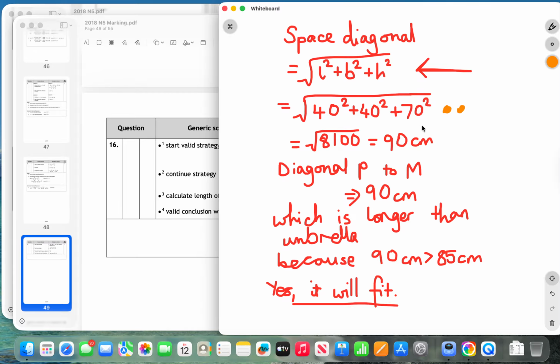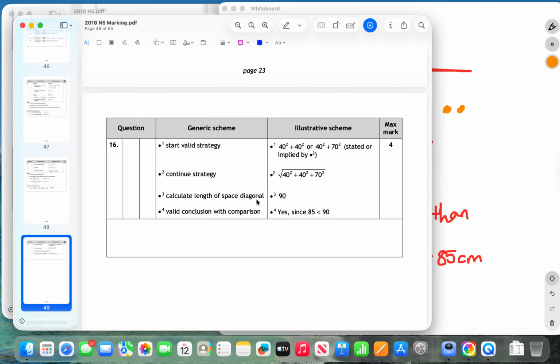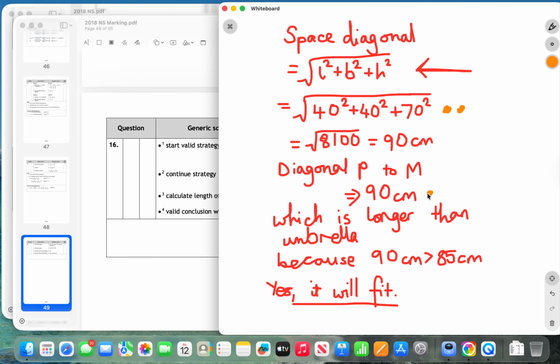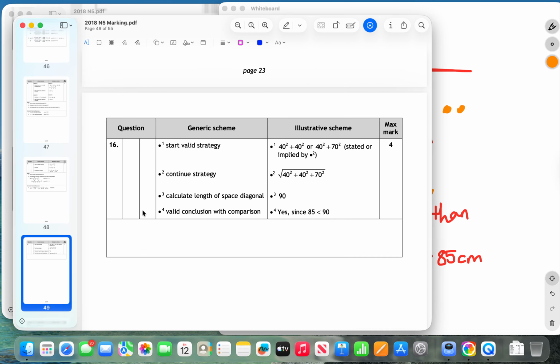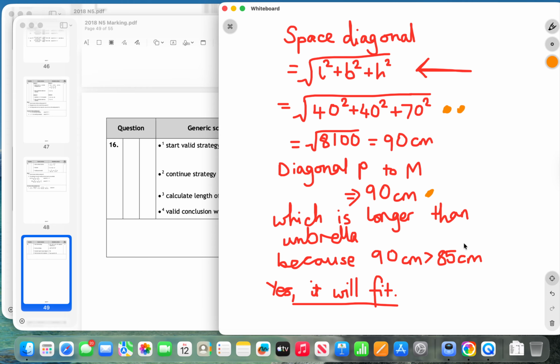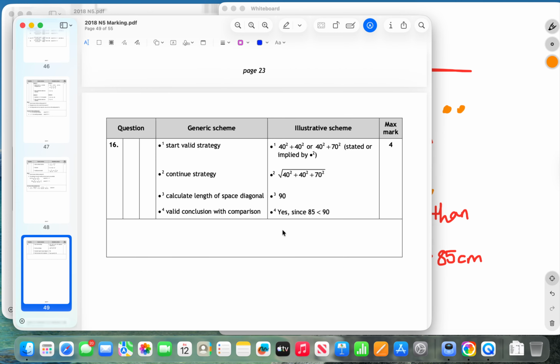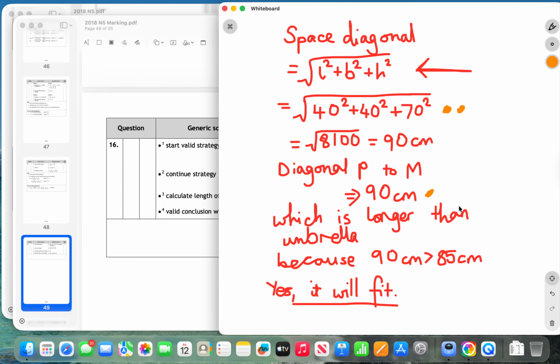The 3rd mark would be for the length of the space diagonal, for getting 90. And the 4th mark would be for the conclusion. So we've said yes, and then we've said about 90 being greater than 85, or the diagonal being longer than the umbrella. So that would be the last mark.